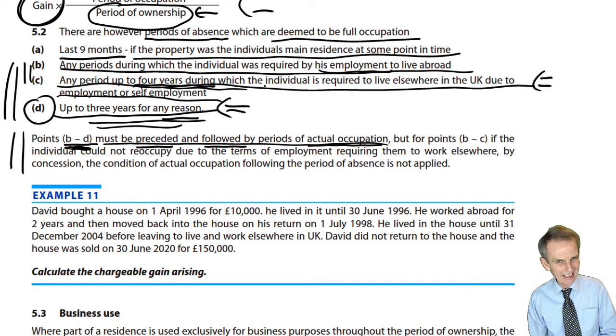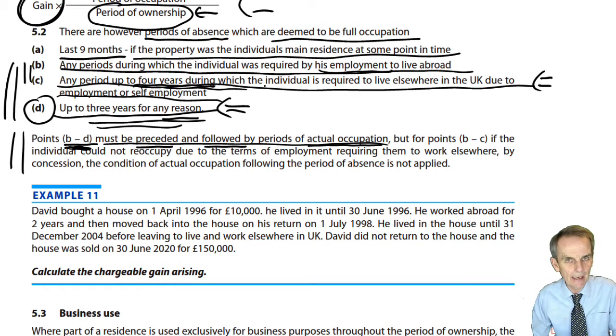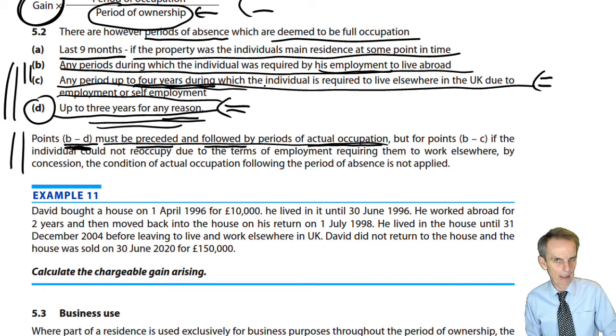But it's point D that is critical about living in it both before and after the period of absence. For any of these B, C or D to apply, you must have actually lived in it. It must have become your private main residence before you went away for any of these reasons. That's a given. But do you have to then live in it after that period?